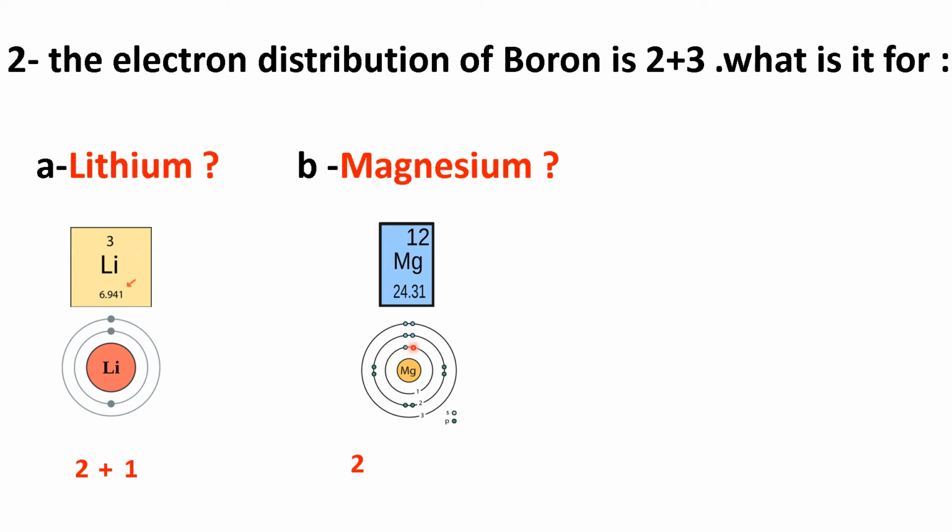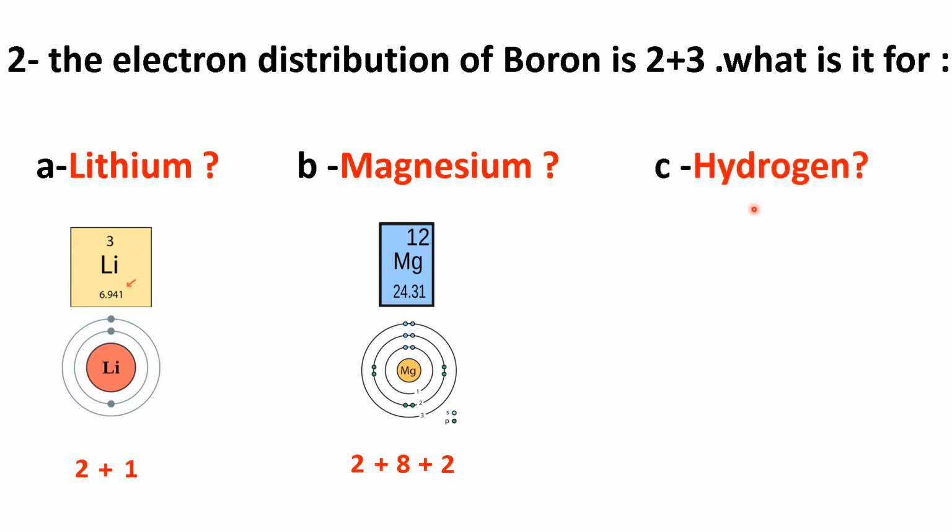We add 2 plus 8 equal 10, and the remaining from 12 is 2. So we write 2 in the first shell plus 8 in the second shell plus 2 in the outer shell. These 2 electrons present in the outer shell are called valency electrons. 2 plus 8 plus 2 equal 12, the atomic number.